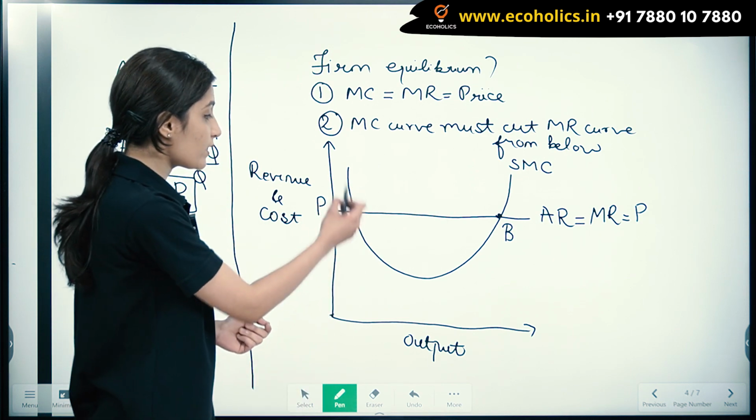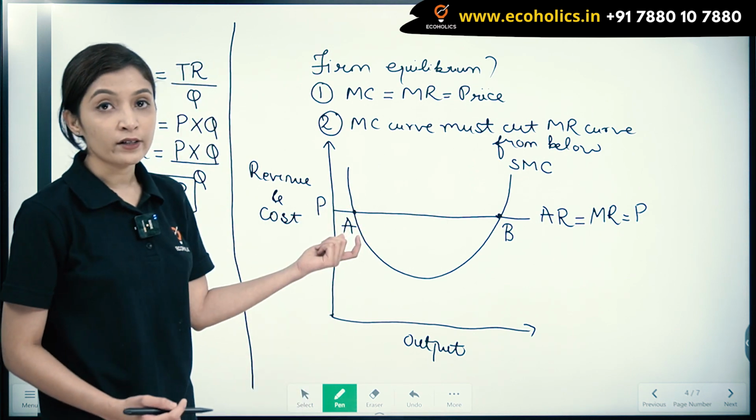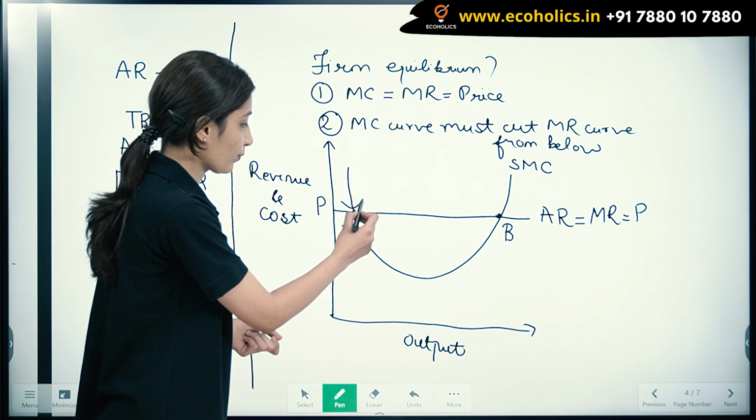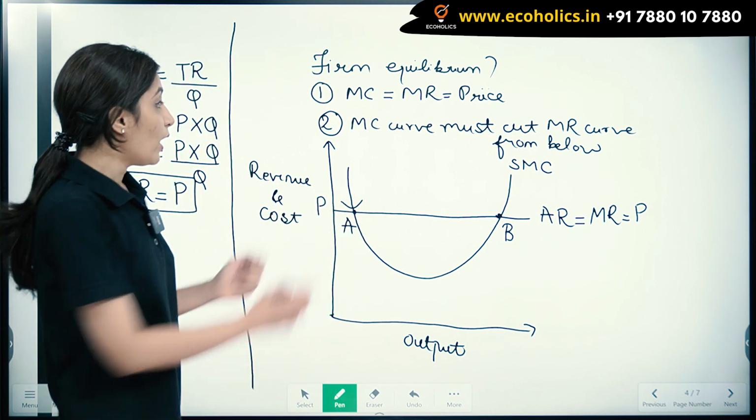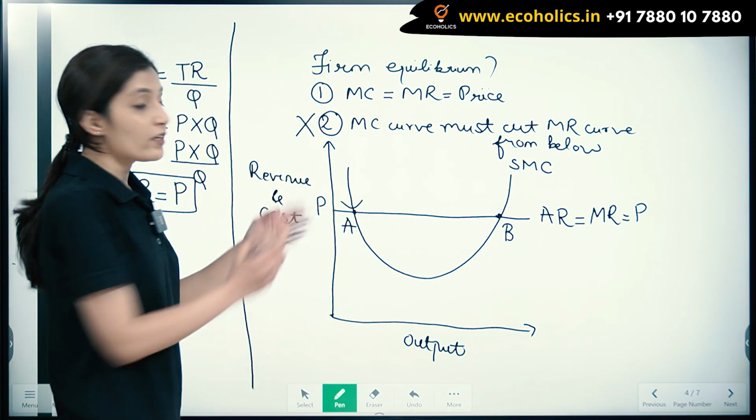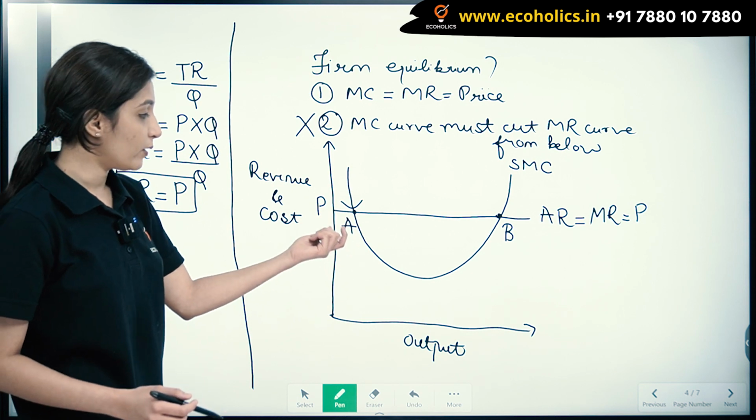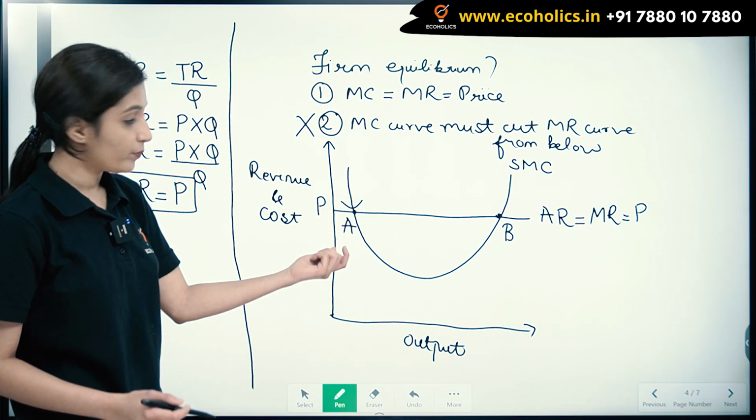Here, the MC curve cuts the MR curve from above. So, our second order condition is not followed at point A.